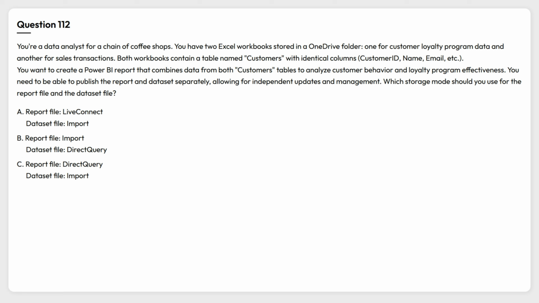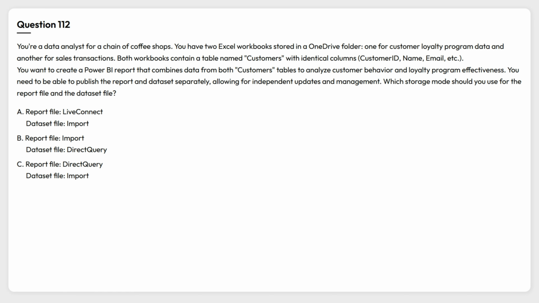Both workbooks contain a table named customers with identical columns: customer ID, name, email, etc. You want to create a Power BI report that combines data from both customers tables to analyze customer behavior and loyalty program effectiveness. You need to be able to publish the report and dataset separately, allowing for independent updates and management. Which storage mode should you use for the report file and the dataset file?